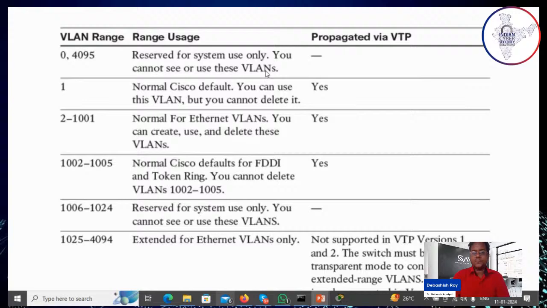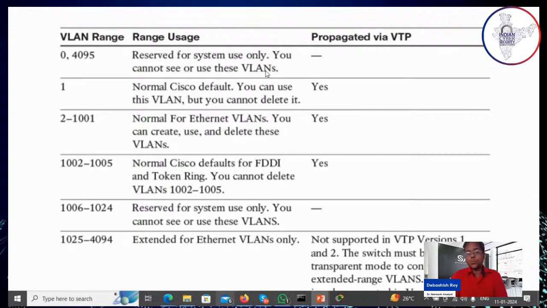That is a special VLAN, the normal Cisco default VLAN. One can use this VLAN, but you cannot delete it. It is there by default. The native VLAN cannot be deleted, and it is used to send some unencrypted traffic. And it is propagated via VTP.